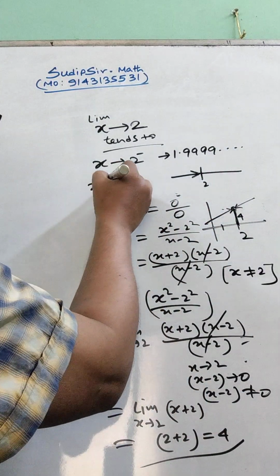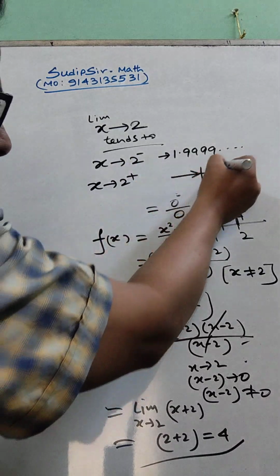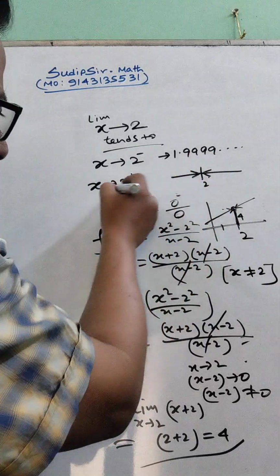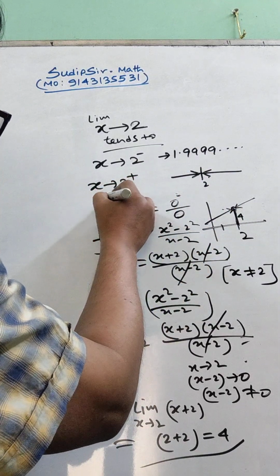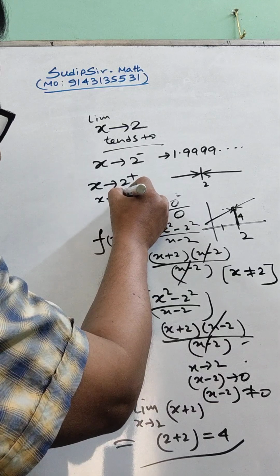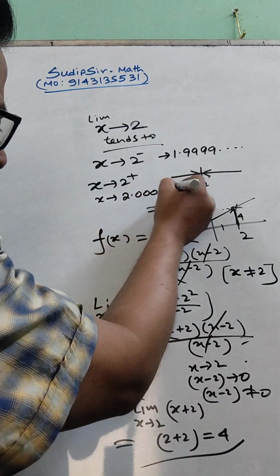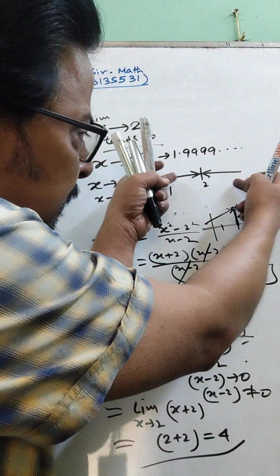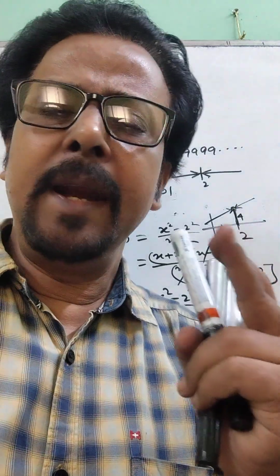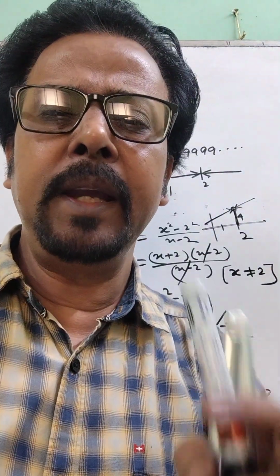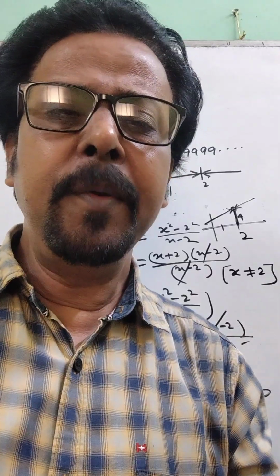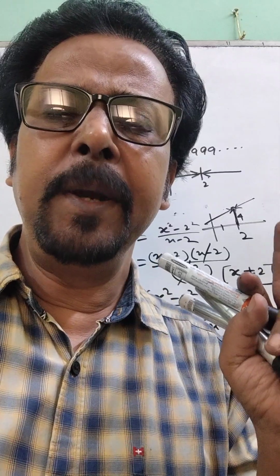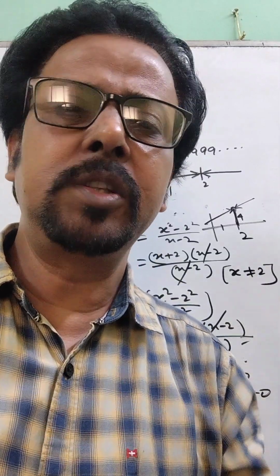And for right hand approach, x tends to 2 plus, that can be assumed x equal to 2.00001 and so on. Now, if these two approaching values are equal, then only the limit will exist. If not equal, or if it is something by 0, then limit does not exist.